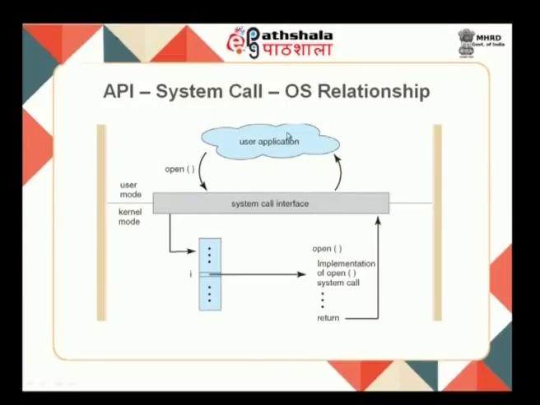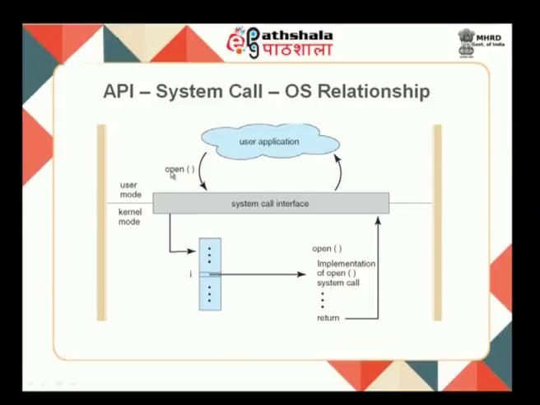Look at this: you have a user application in which there is an open system call. Within the user's program there is a call to open, and this open call will access the system call interface, and as I told you, there is a system call table that is maintained in the kernel. For this open call, the system call interface gets the corresponding number.